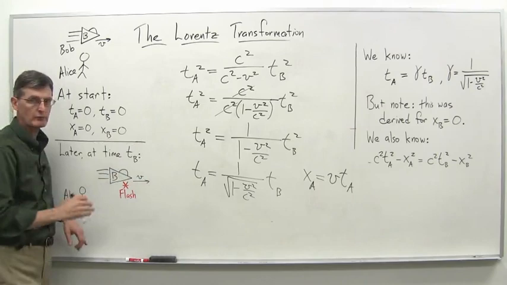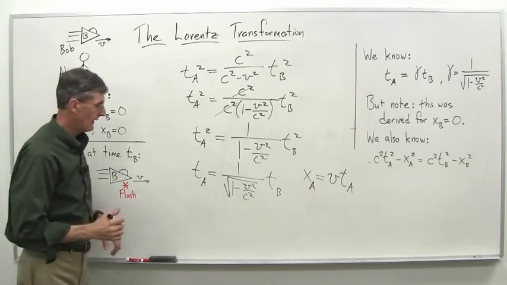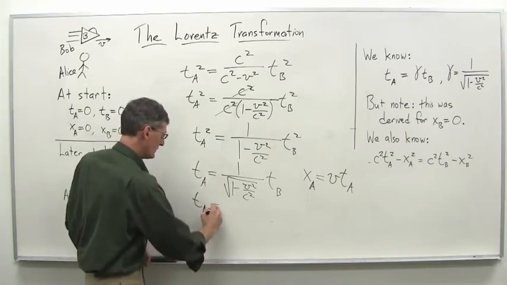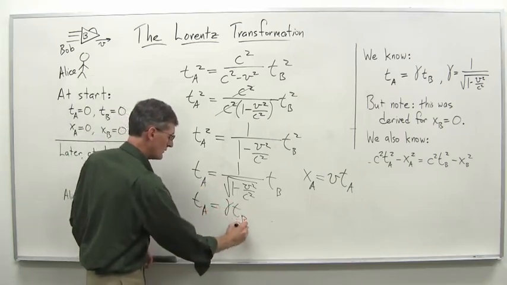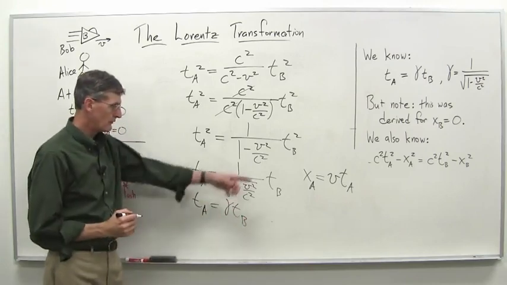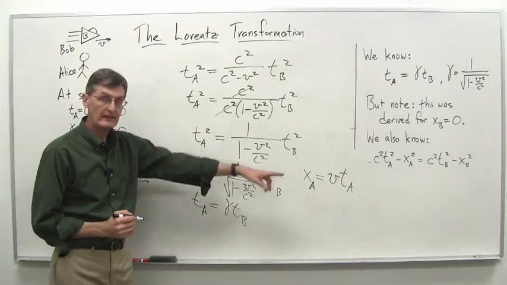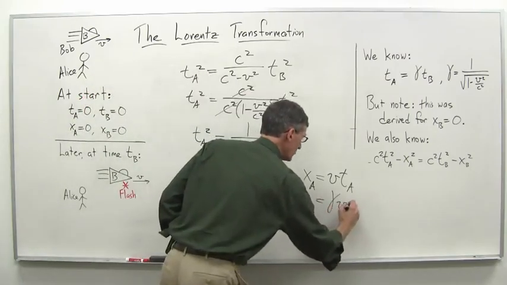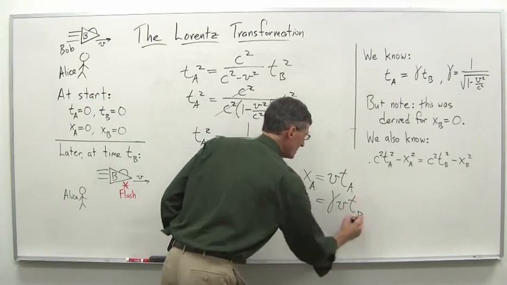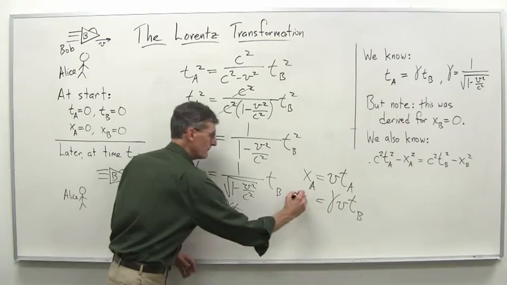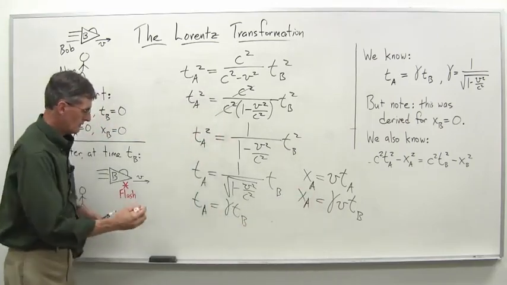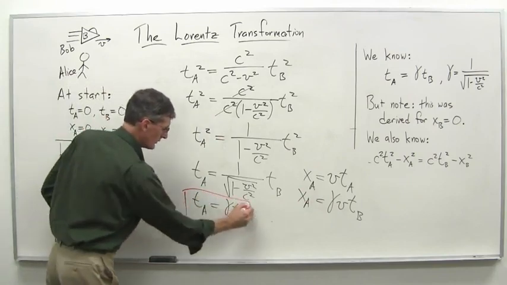So she's watching Bob go by with velocity v. And therefore, tA equals gamma tB, and so we can plug tA into here, and we get gamma v tB. So that's xA.